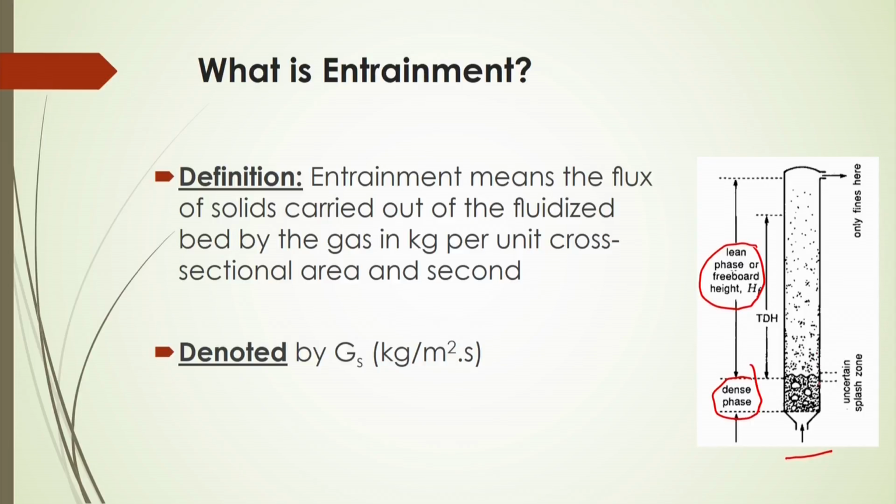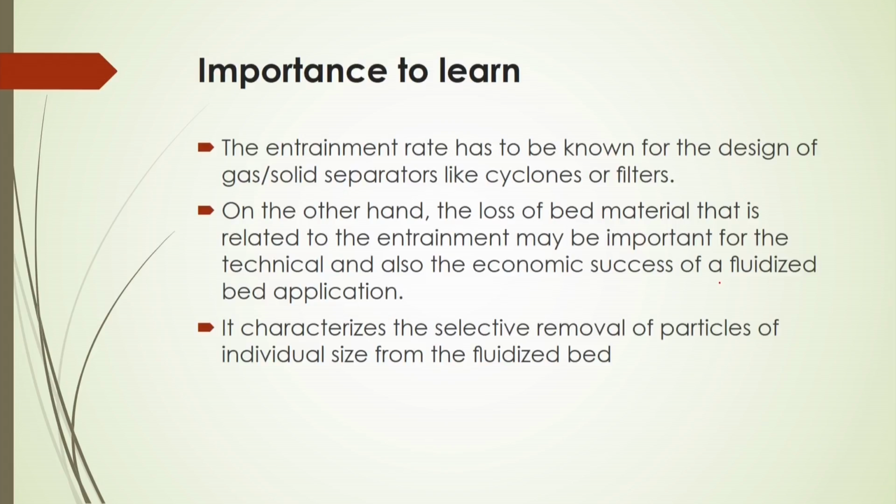Above this dense region, the solid particles will be entrained along the height of the bed, and a distribution of the solids also will be there. The concentration of the solid particles along this axis will vary because of the entrainment of the solid particles by gas.